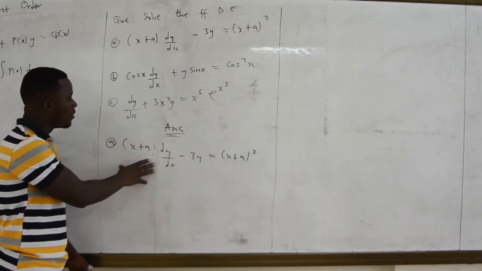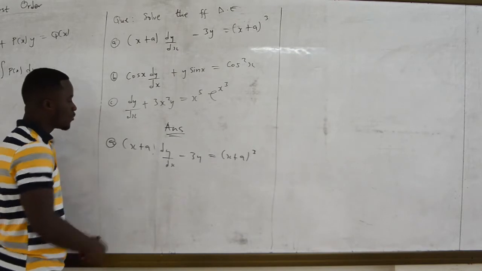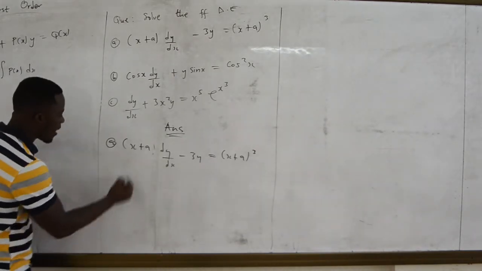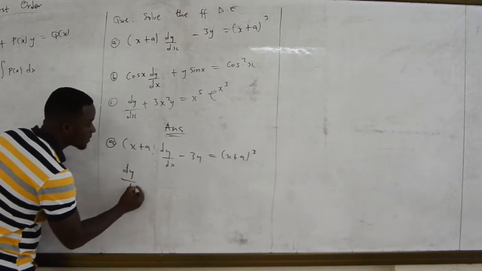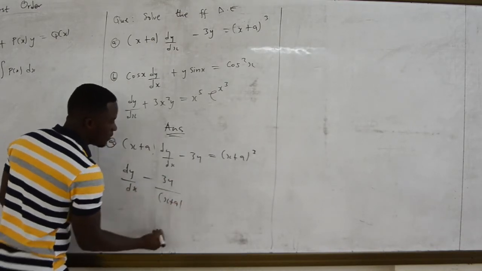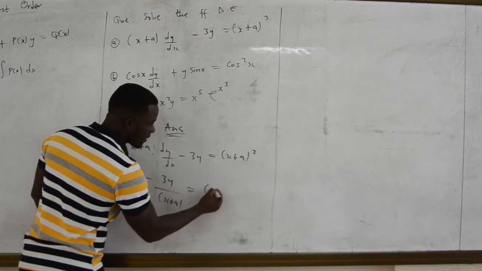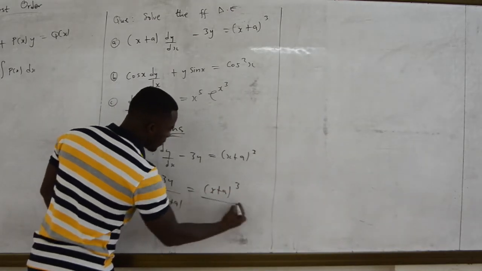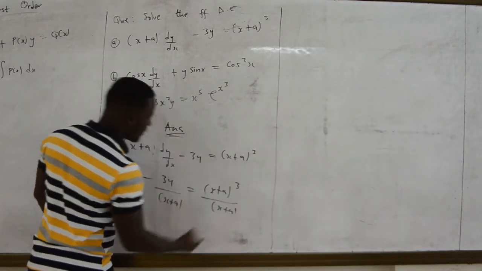So I have to divide both sides by x plus a. Dividing both sides by x plus a, I have dy/dx minus 3y over x plus a is equal to (x plus a) to the power of 3 over x plus a.